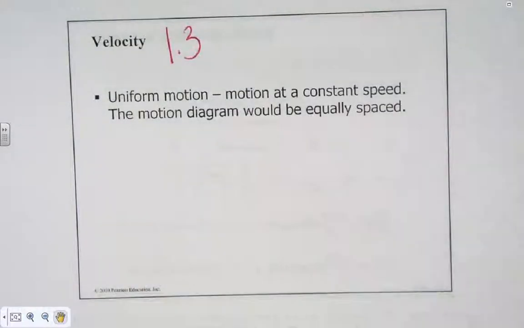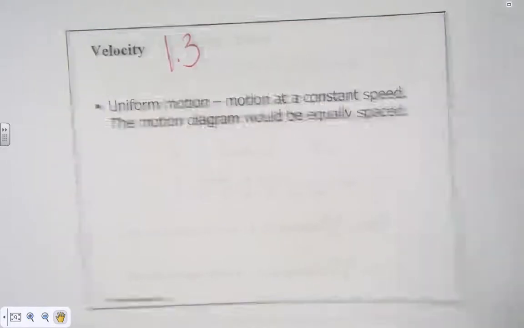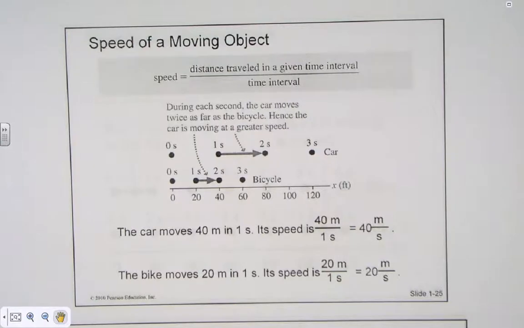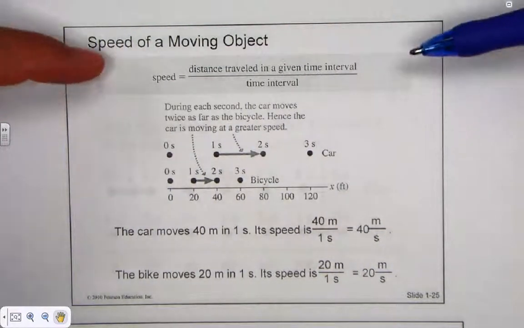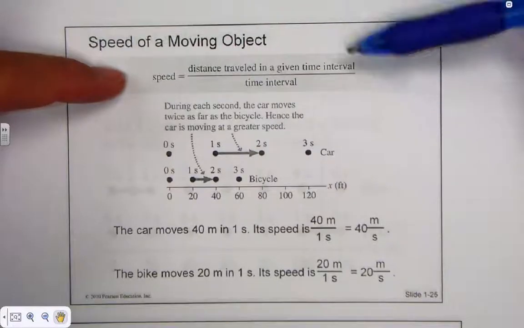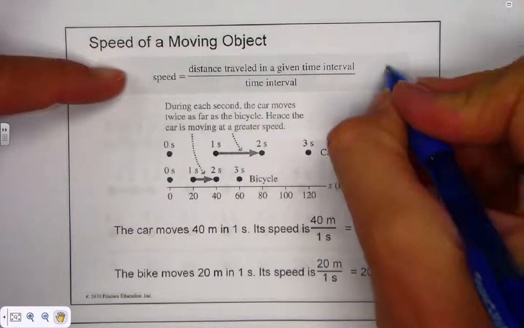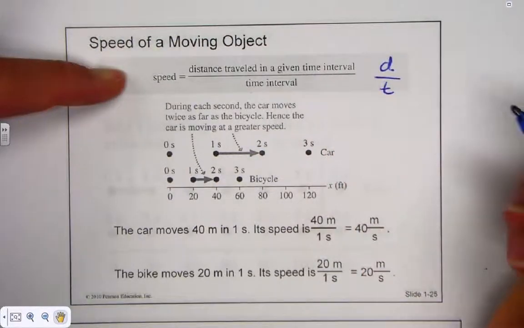So we're just looking to get our first grip on how we calculate something called speed. Looking at this particular diagram from the book, or here it is in the PowerPoint as well. The book provided a little color, but we can see that we are calculating speed by taking distance traveled in a given time interval. So how far did it go over a certain amount of time?